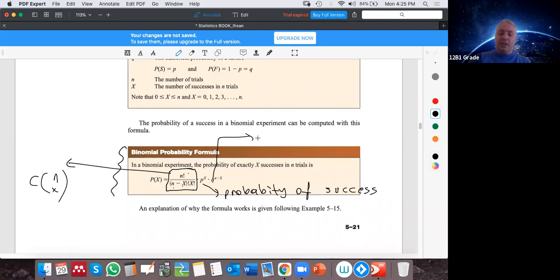Q is 1 minus P, which is the probability of failure. And in the formula, this is x, so how many times do I want to be successful? So the other power will be n minus x. Always the sum of this power and this power, x plus n minus x, is n.